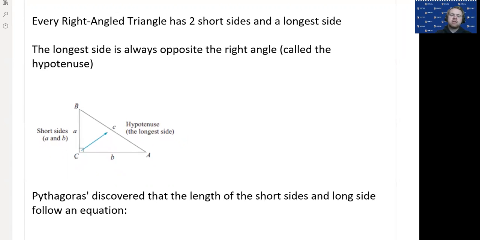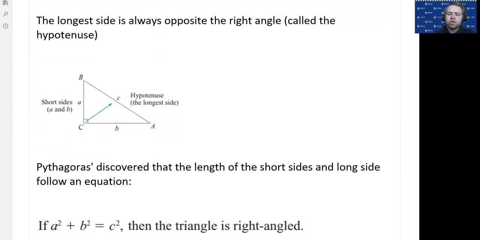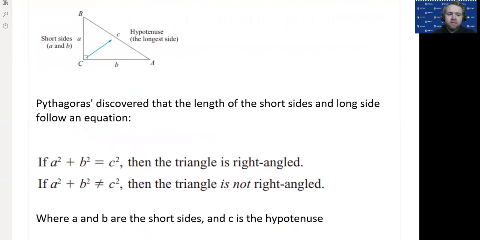Now, Pythagoras discovered that the lengths of the short sides and the long side follow an equation. If a squared plus b squared equals c squared, then the triangle is right angled. A and B are the short sides. So if you square one of the short sides and add it to the square of the other short side, those two will add up to the square of the long side.